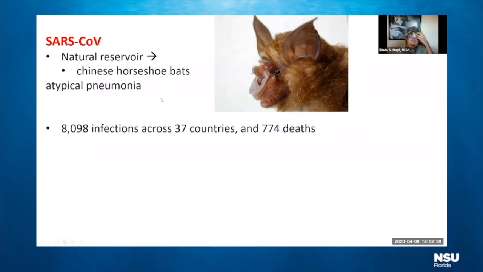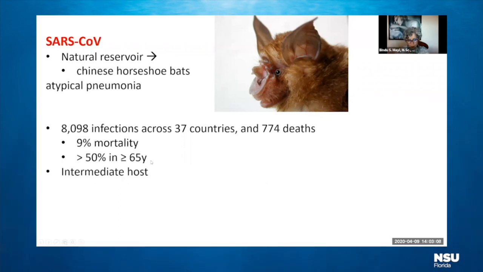After everything was said and done, we saw 8,098 infections across 37 countries with this virus. And that resulted in about 774 deaths, giving us a mortality of 9%. That means 9 out of 100 people who get this will die from it. Now, when we factored in age, so people 65 and older had a higher mortality. So the mortality went up from 9% to greater than 50% in the elderly population.